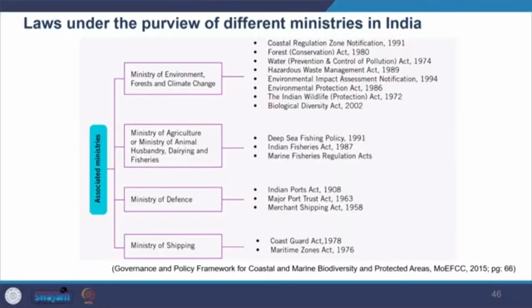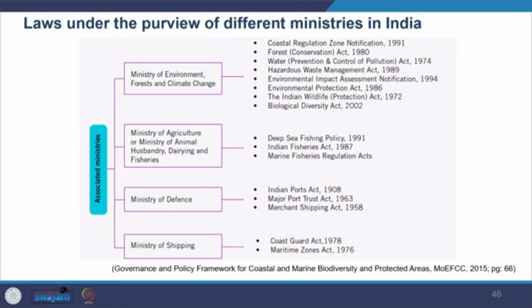In the image, you can see the Coastal Regulation Zone Notification. You can also see the Forest Conservation Act, the Water Prevention and Control of Pollution Act, the Hazardous Waste Management Act, the EIA Notification, the Environmental Protection Act, the Wildlife Protection Act, and the Biological Diversity Act.